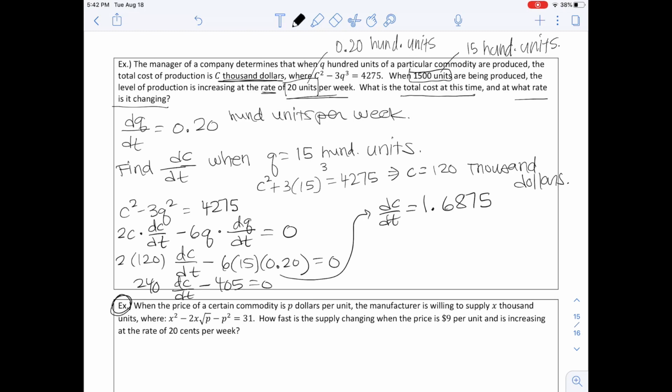And then our units: dC is our cost, and this is in thousands of dollars per, and our time is in weeks. So thousands of dollars per week.